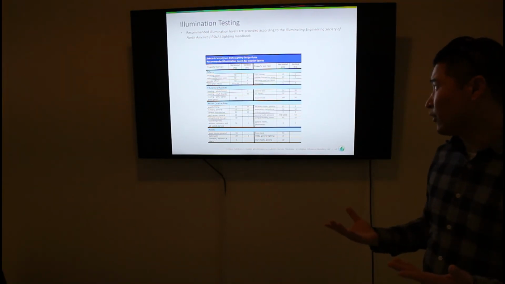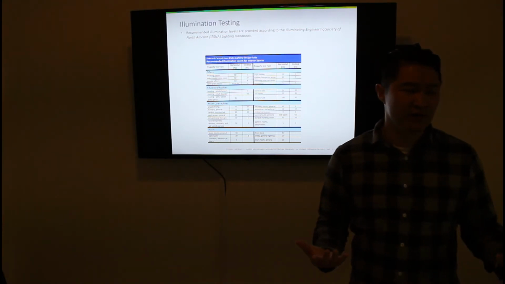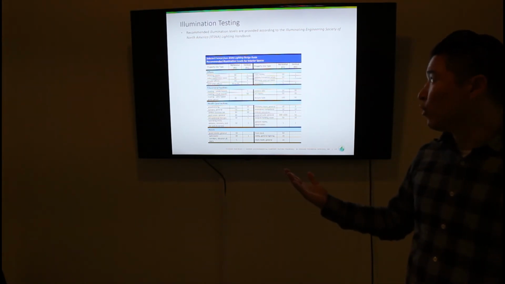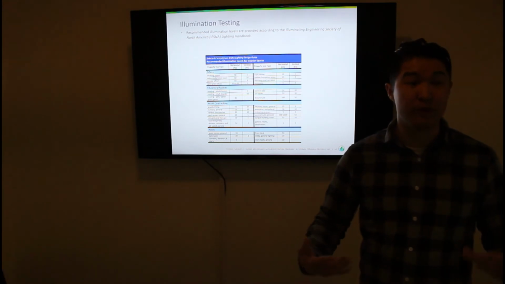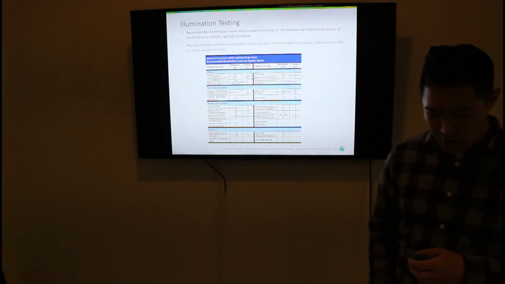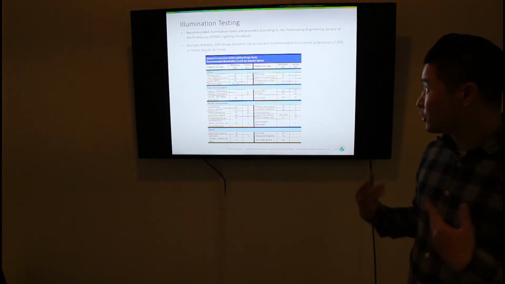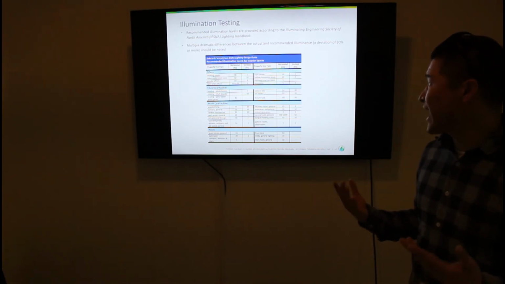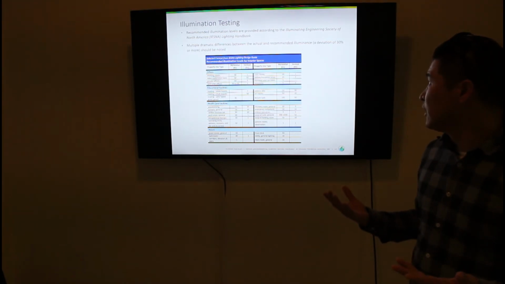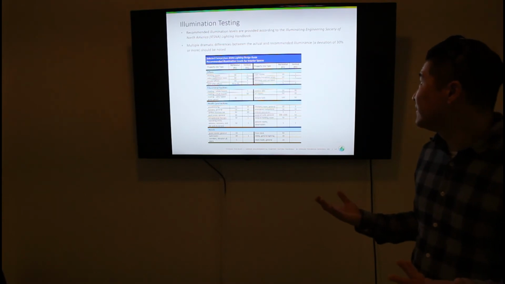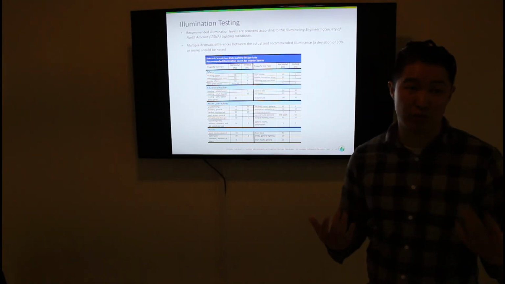Now you might be wondering, these are the recommended levels, obviously the actual readings are not going to be spot on. So what should be noted? According to IESNA, a dramatic difference between the actual and recommended illuminance would be a deviation of about 30% or more, okay?